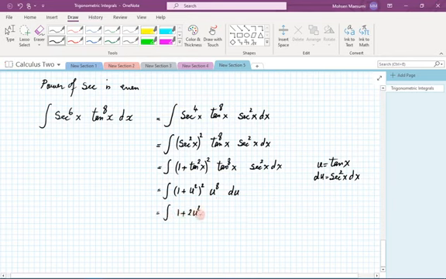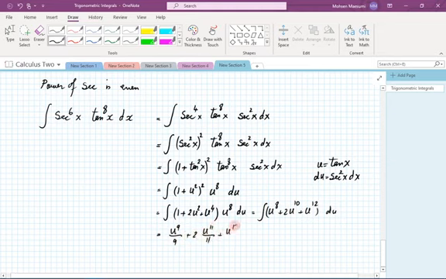I just have to do a bit of algebra, and then I'll be all set, because now I have u^8 plus 2u^10 plus u^12 du, which gives u^9 over 9, plus 2u^11 over 11, plus u^13 over 13, plus a constant. We do our back substitution, and we'll have our answer.